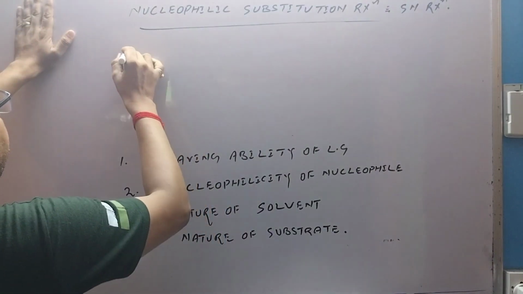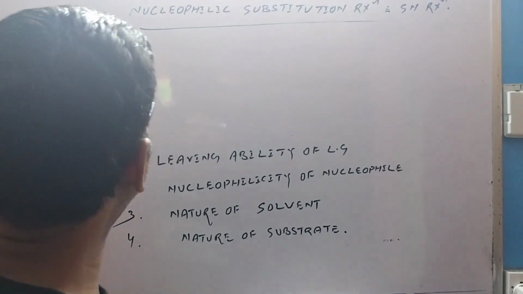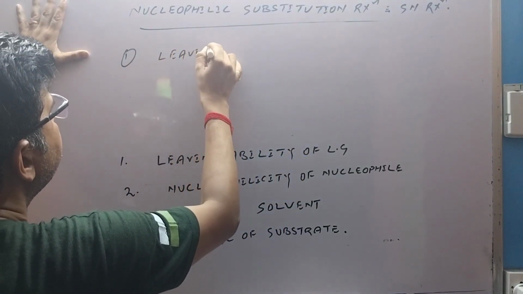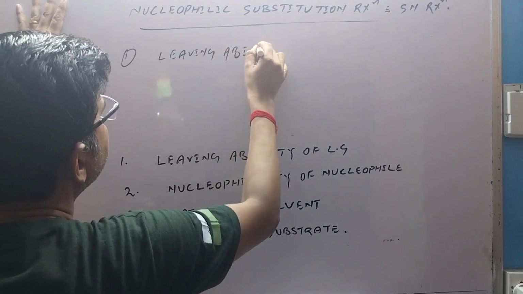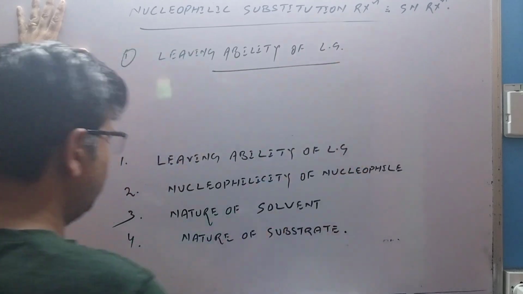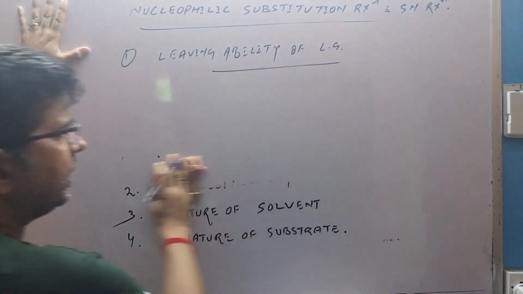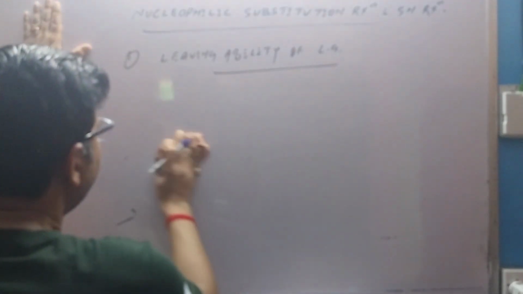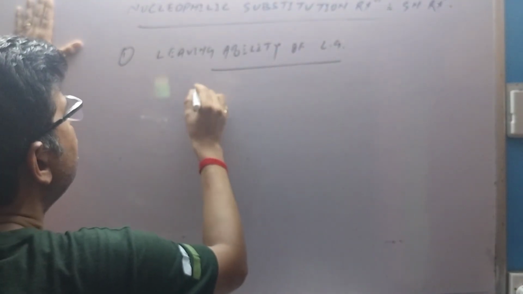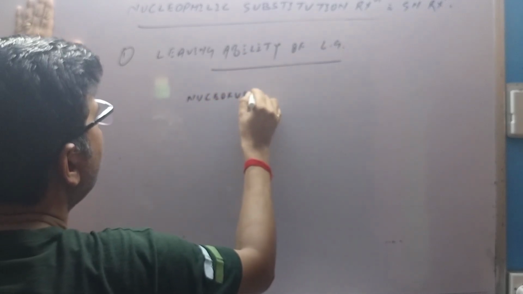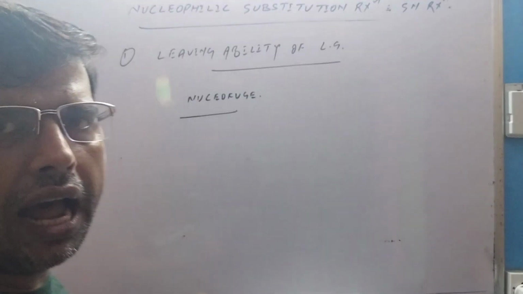See, the first factor on the basis of which mechanism is defined is leaving ability of leaving group. Now, as we know, a leaving group is either a more electronegative atom or a group containing a more electronegative atom. And leaving group is also known as nucleofuge. Don't get confused. Nucleophile is different, nucleofuge is different.